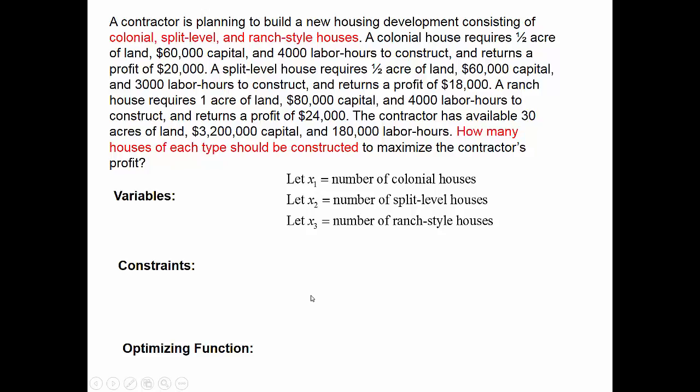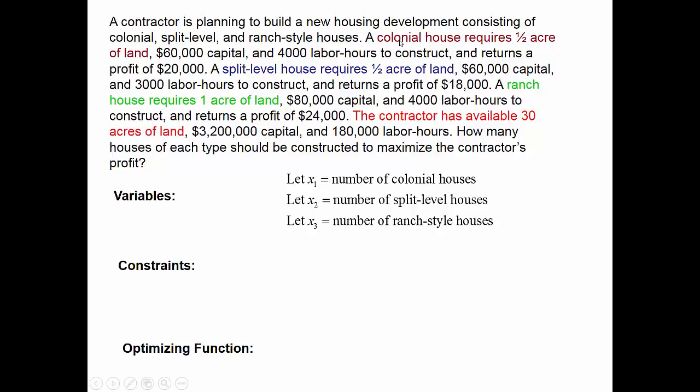Constraints. Look for words in the problem that imply limitations. In the next to the last sentence, the contractor has available, meaning no more than this much land, this much money, and this many hours. And so each of those three things would be a constraint. Let's look at the acres of land. It says in the second sentence, a colonial house requires a half acre of land.